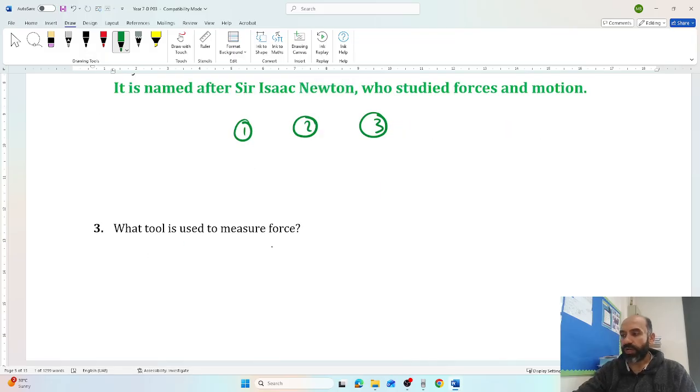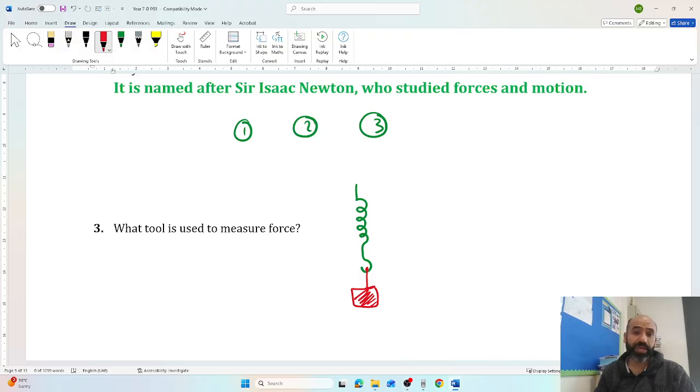What is the tool that we are using to measure the force? It's formed from a spring, and then we have a hook, and in this hook you can just pull or push this part, like we will do in Hooke's law.